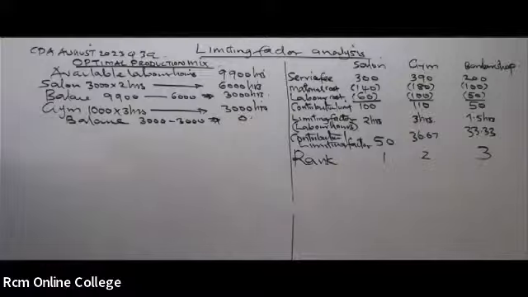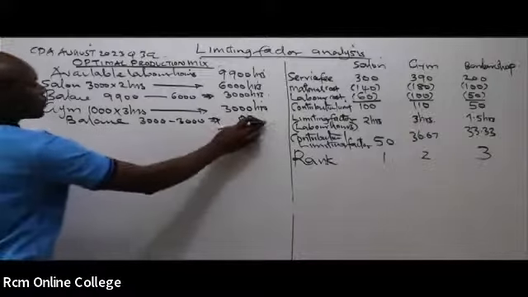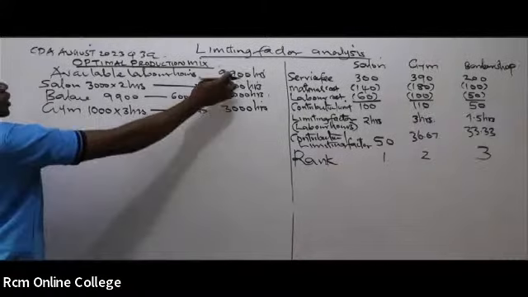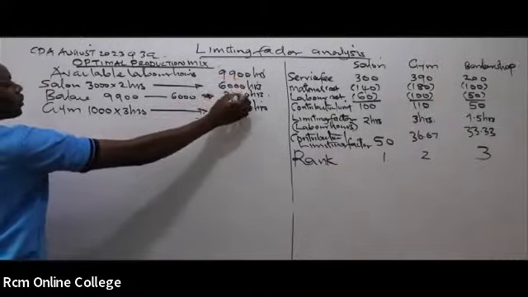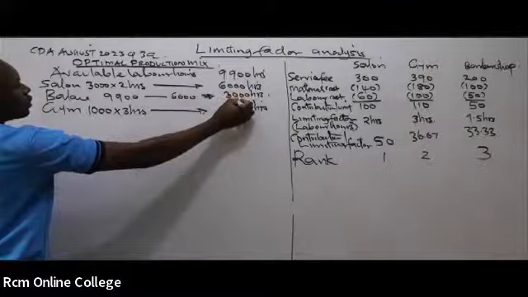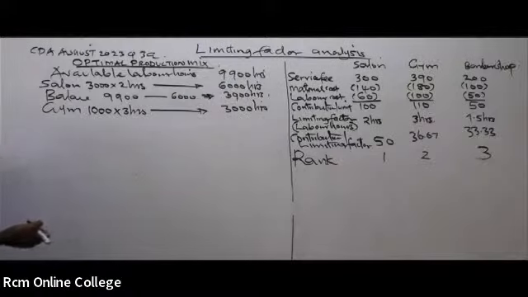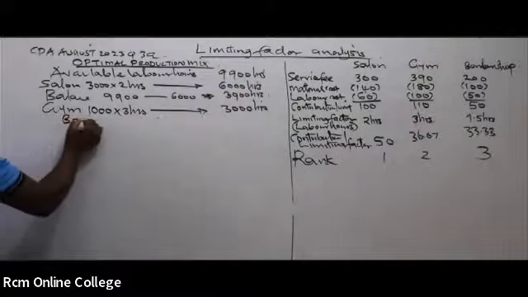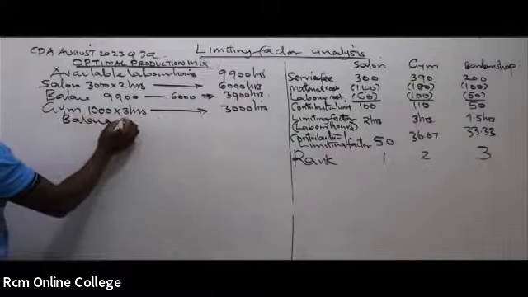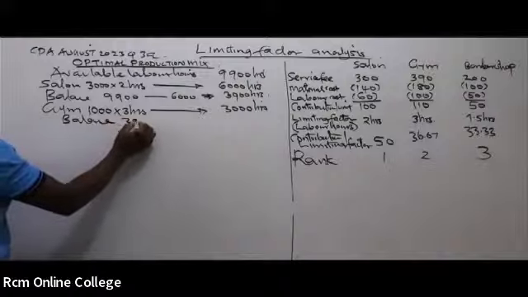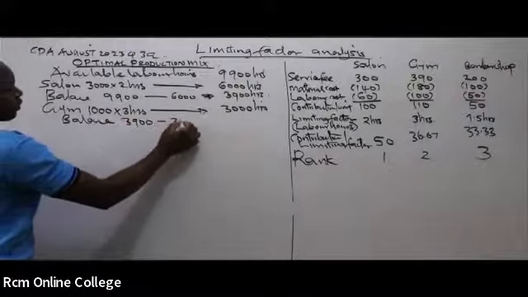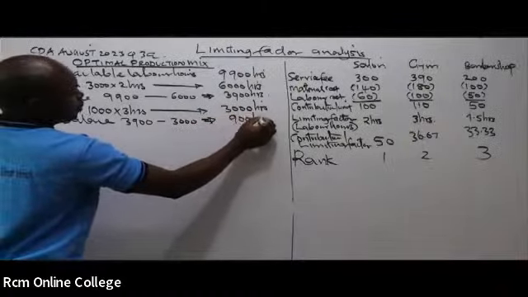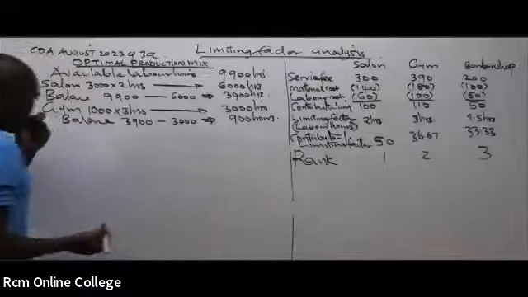Oh, sorry for that. Thank you for that. This is 3,900. Yes, 3,900. So here we have used this, so the balance cannot be 0. The balance will be 3,900 minus 3,000. That leaves us with 900 hours. Great.